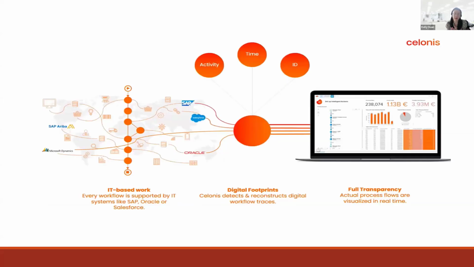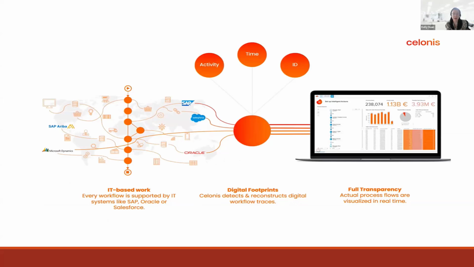So process mining is actually IT system-based work. Any process interaction will produce data that is stored in a transactional system like SAP or Oracle. The data always contains three important pieces of information: activities, time, and ID.